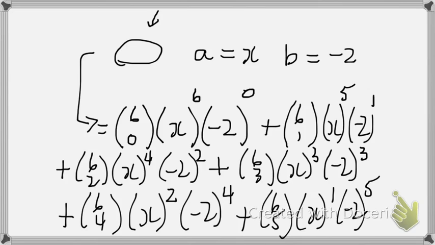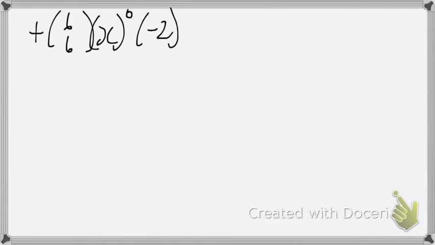Okay, and then our last term, which is 6 choose 6, x, sorry, there's the brackets, to the power of 0, negative 2 to the power of 6. Now, I know that looks like a lot of work. Trust me, this is going to help you in the long run.